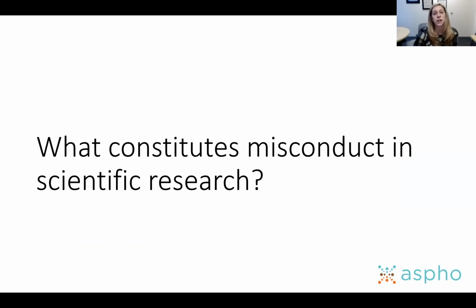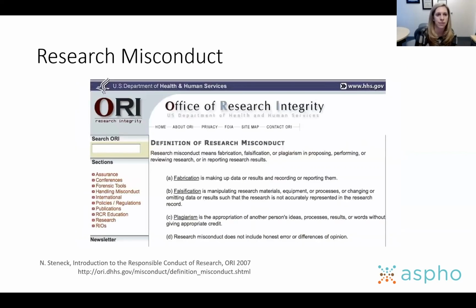I'm going to shift gears a little bit and talk about misconduct in scientific research, which is unfortunately something that we have to deal with. It's a reality. And there's actually an Office of Research Integrity within the U.S. Department of Health and Human Services that categorizes research misconduct in several different ways. The first is fabrication, letter A, which is making up data or results and recording or reporting them.